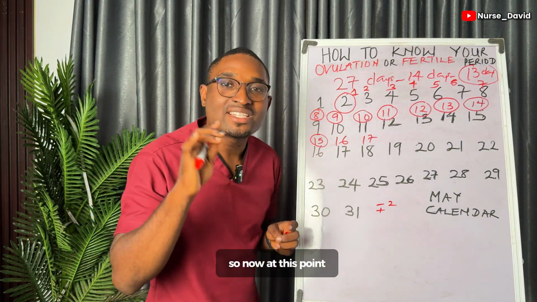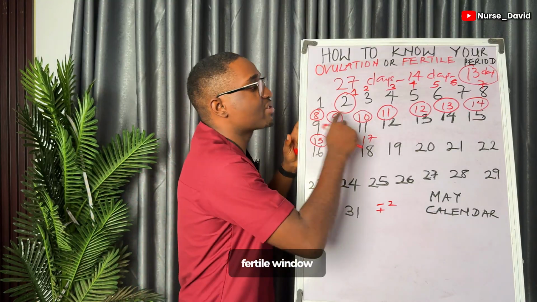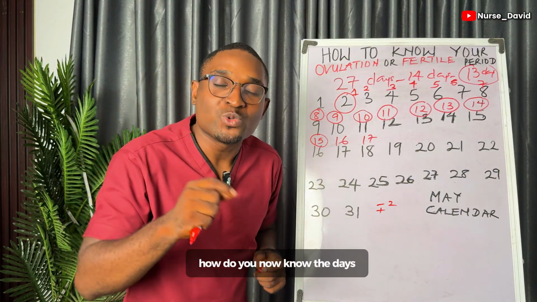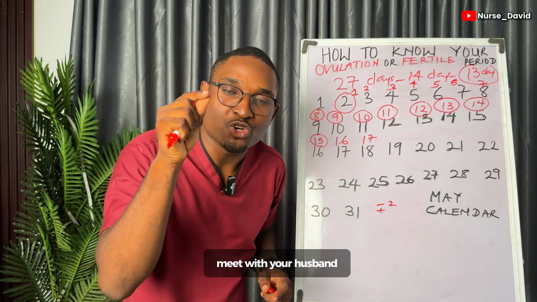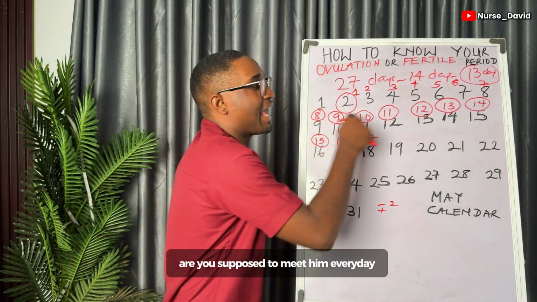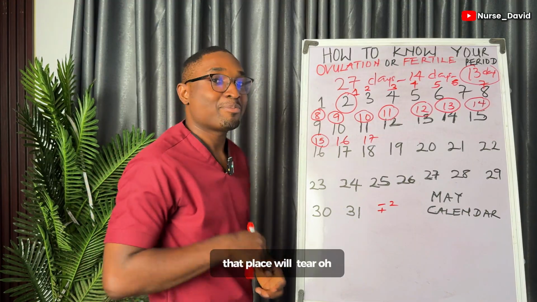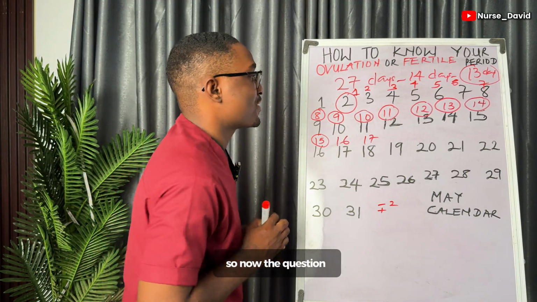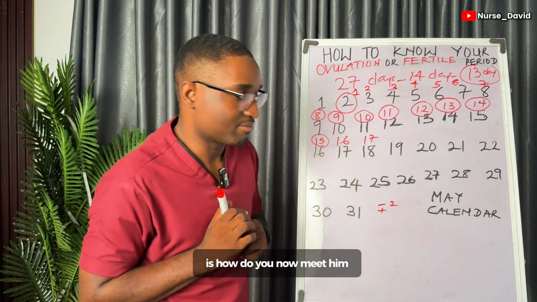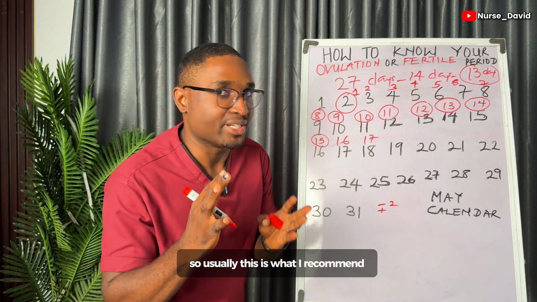So now, after knowing your fertile window, how do you know the days you're supposed to meet with your husband? Are you supposed to meet him every day throughout these days? If you meet him every day, that place will tear. So now the question is, how do you meet him? Usually, this is what I recommend.